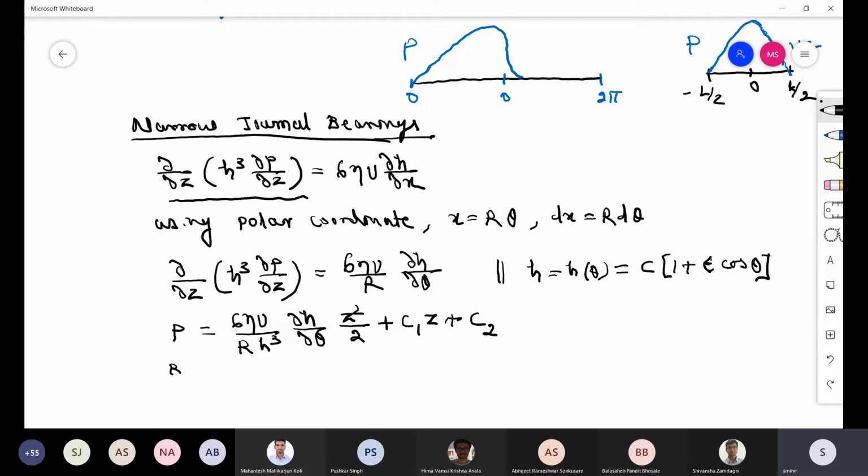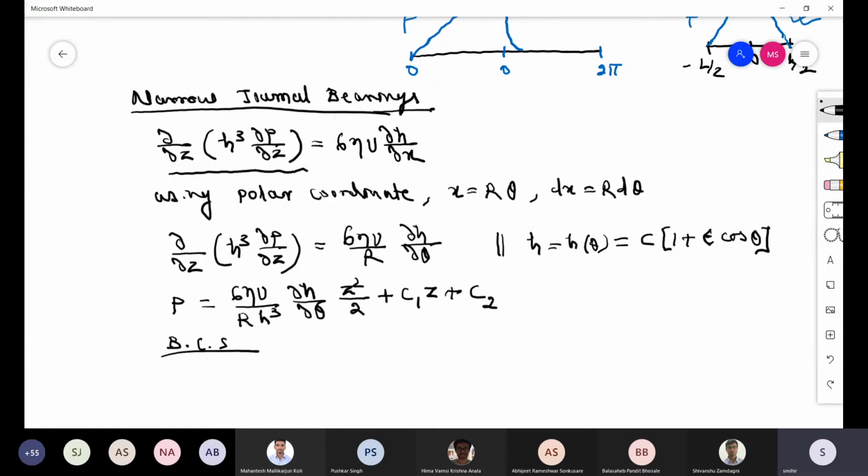Now you need boundary conditions to evaluate these two constants. We have two boundary conditions here: P equal to 0 at z equal to plus or minus L by 2. At both ends, P will be equal to 0.